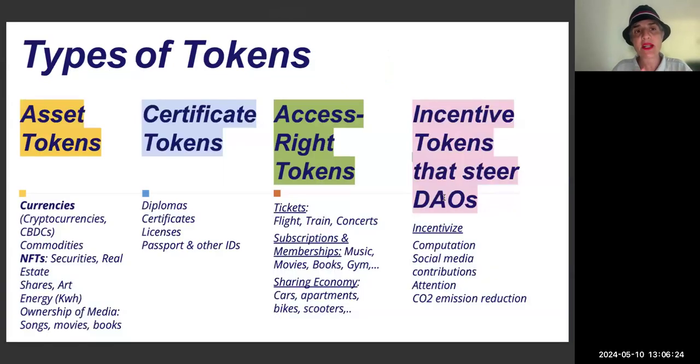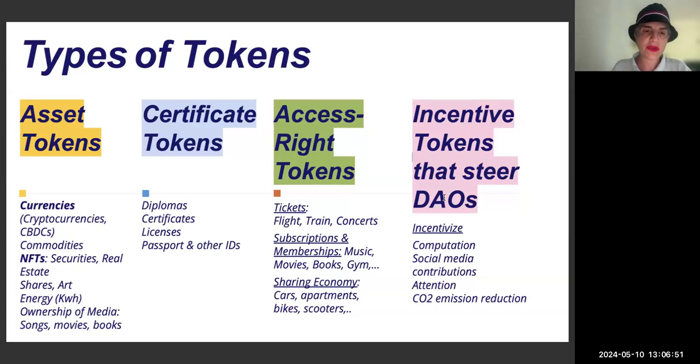The other thing that we mentioned last time were the types of tokens, depending on what rights are represented by tokens. We can have tokens that have properties of assets, or that represent any type of certificate or access right. And we also mentioned the incentive tokens that steer DAOs.